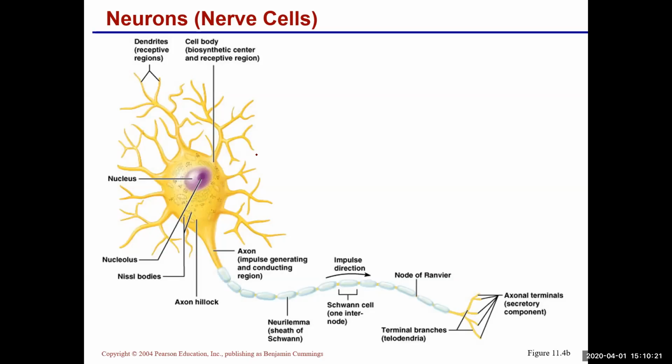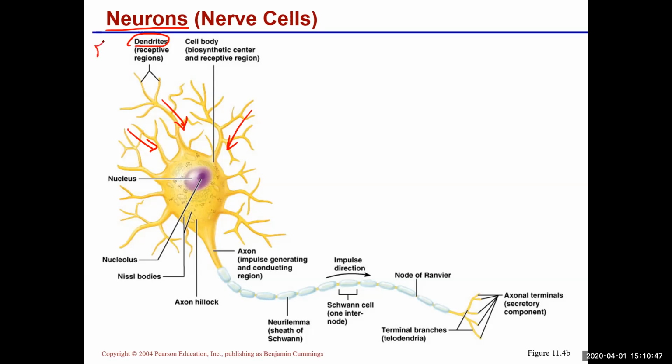So the nerve is usually known as a neuron, all right? Neuron means nerve cell. Let's take a look at the parts. This part is called dendrites. There are a lot of processes and so on. What you need to know is that these dendrites are the site for receiving the signal. So this could be another nerve.